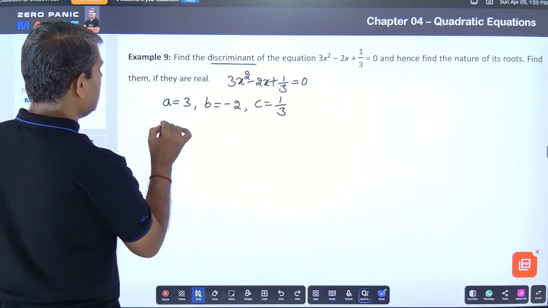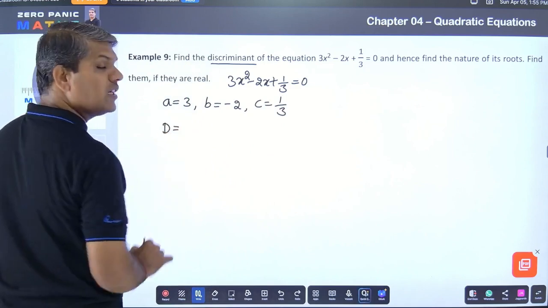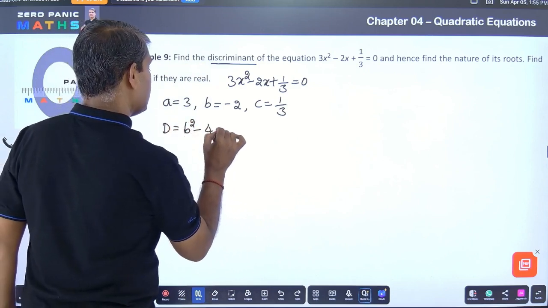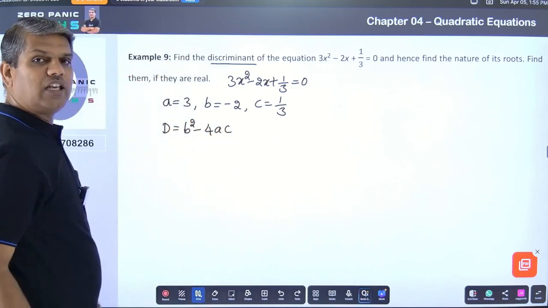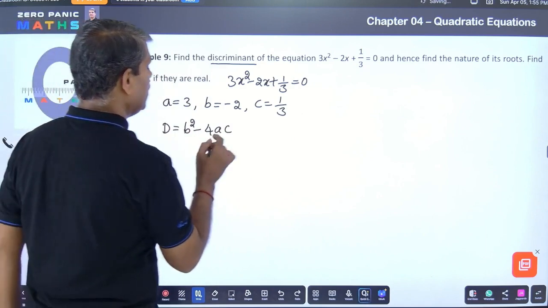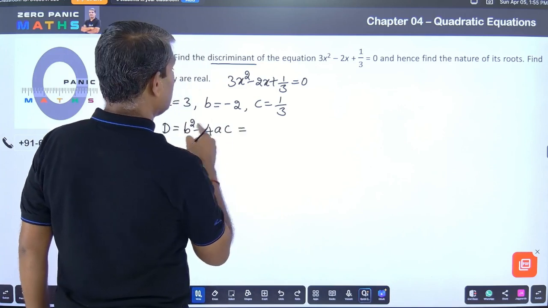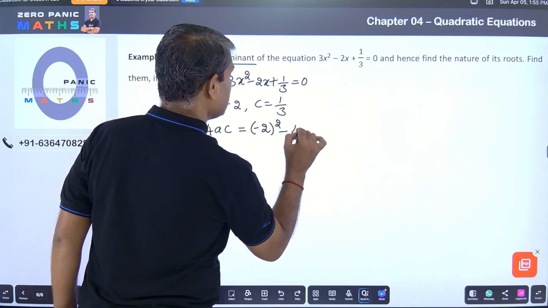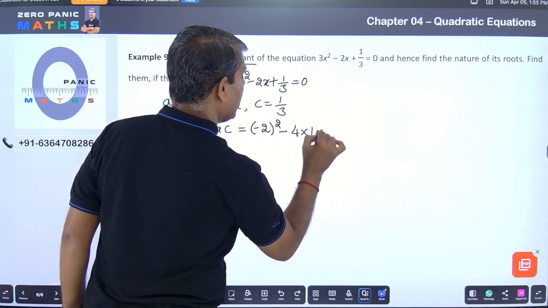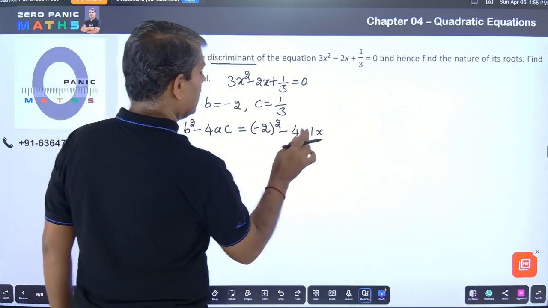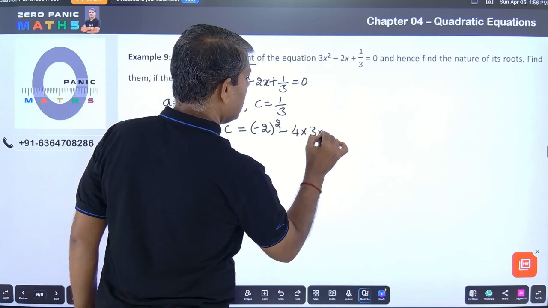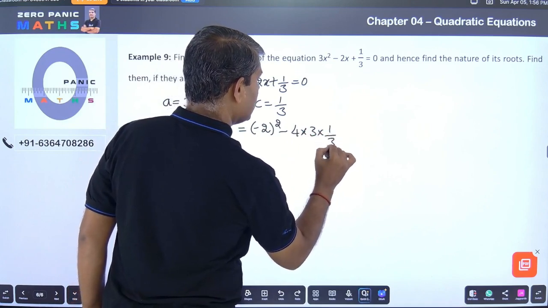First of all, let me find the discriminant, b square minus 4ac, the quantity inside the square root. What is b square? Minus 2 square, minus 4 times a, which is 3, and c, which is 1 by 3.